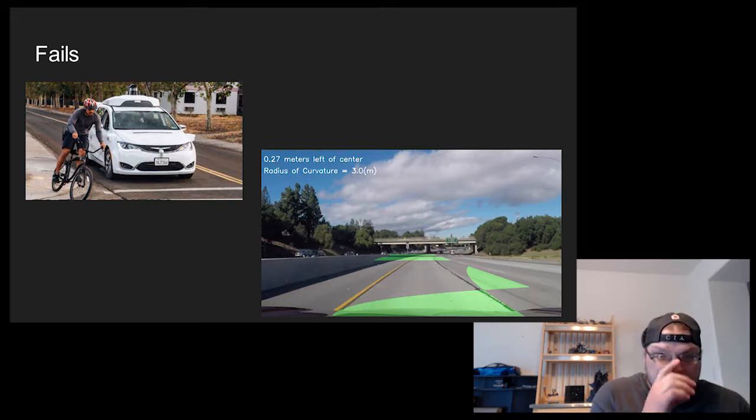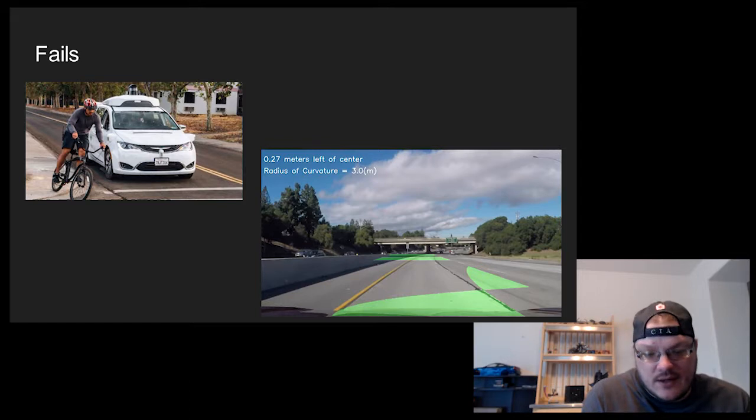Like one of them, the road that it's supposed to be on glitches. I guess the GPS data glitches or something, and it shifts the road like 4 feet to the right, and the car jets over into oncoming traffic. I mean, that's seriously unsafe.